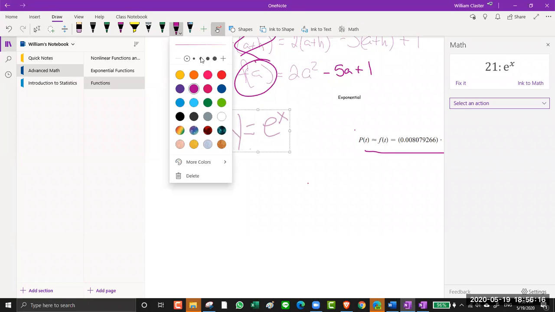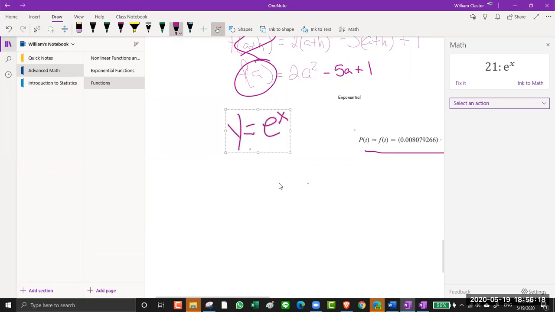Make it a little bit bigger. Try it again. Y equals e to the x. Let's see if it likes that. Okay, let's try it again. Nope. Doesn't like my writing anymore. It didn't mind it before, but now it doesn't like it.